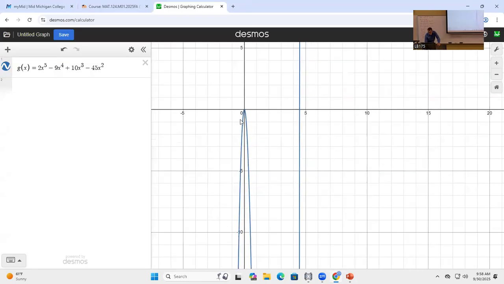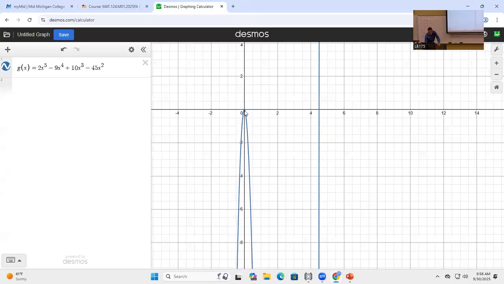Notice that the 2 places where this graph hits the x-axis, it goes up and touches the x-axis at the origin and comes right back down. So that was where x was equal to 0. And then it crosses over the x-axis when x was equal to 4.5.